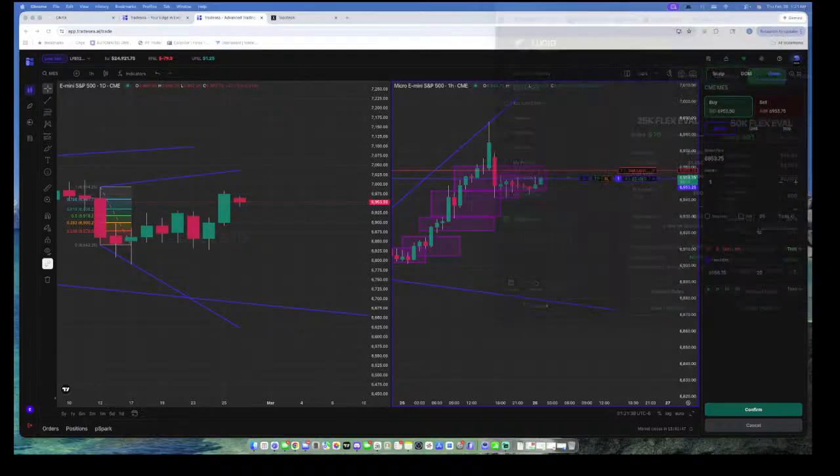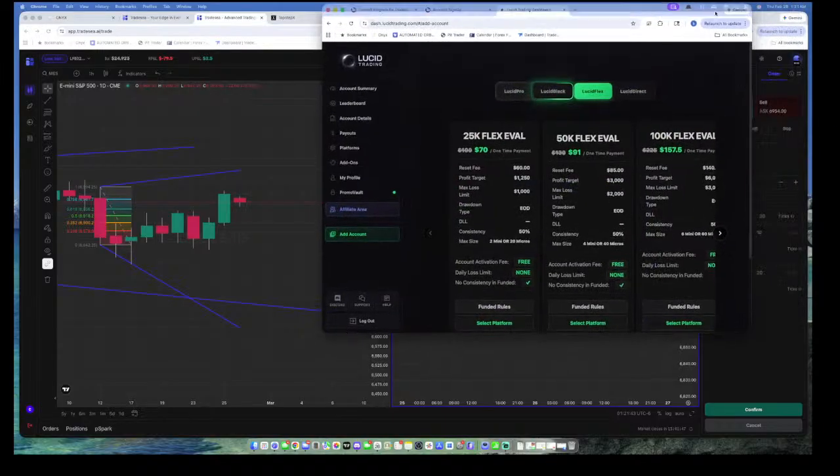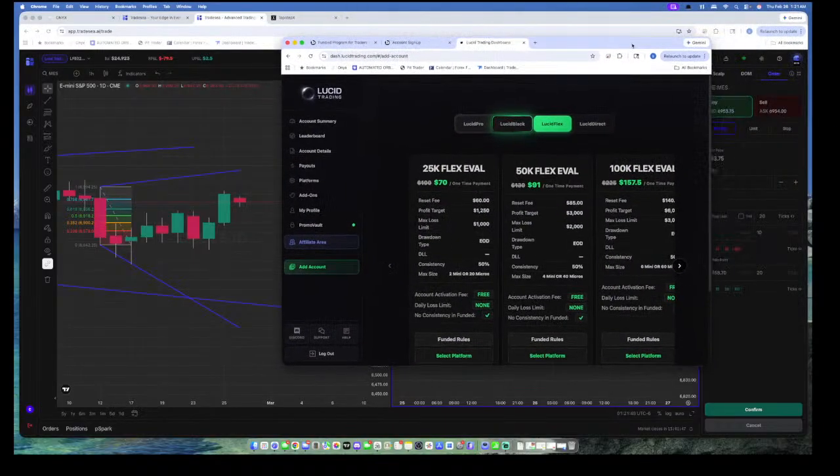You can see here, I'll show you the Lucid. This is the one I buy, the Flex. Right now it's $91, but if you use my coupon code Blues Trades, you can get it for $65.